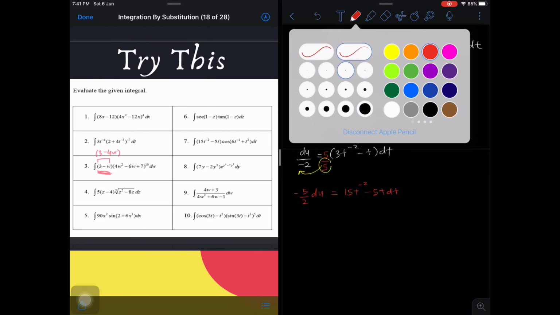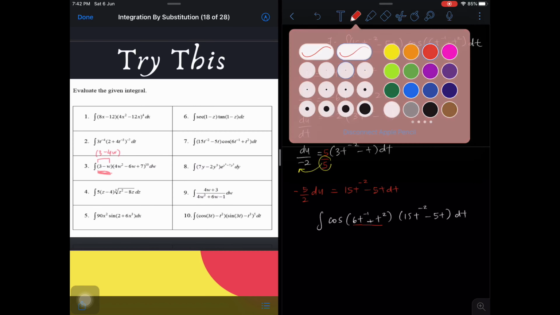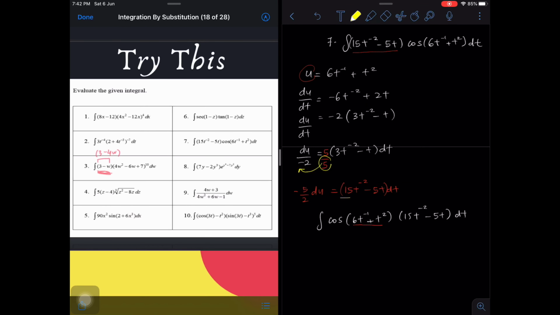Okay, so let's rearrange our integral. I want to write our integral as the integration of cos(6t to the power of negative 1 plus t squared) times (15t to the power of negative 2 minus 5t) dt. We decided before to substitute our 6t to the power of negative 1 plus t squared with u, and you have 15t to the power of negative 2 minus 5t dt equal to negative 5 over 2 du.